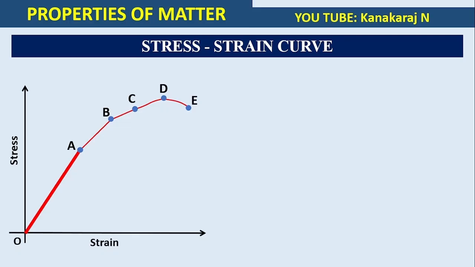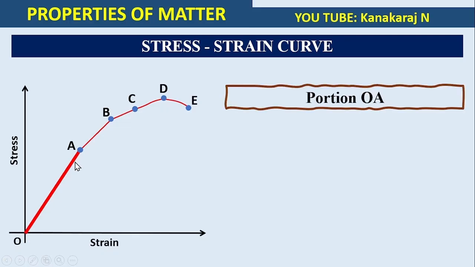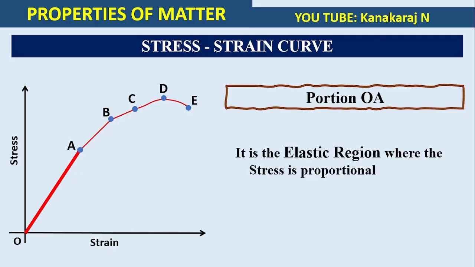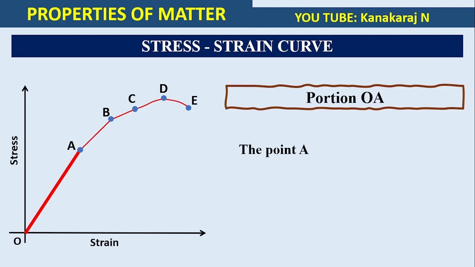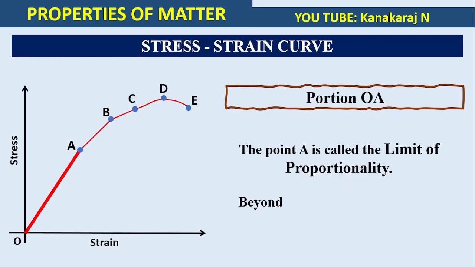Here, let us consider the portion OA. It is the elastic region where the stress is proportional to strain. So Hooke's law applies here. The point A is called the limit of proportionality. Beyond this point, Hooke's law is not valid.